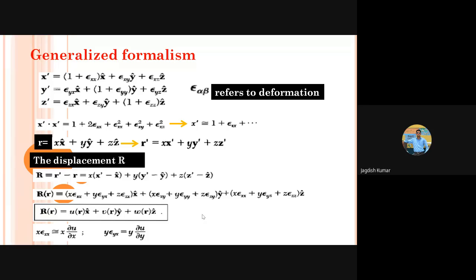You follow my wording. So R, capital R, bracket small r, is nothing but equal to R around origin, say R0, plus x into del u over del x, plus y into del u over del y plus z into del u over del z, plus x into del v over del x plus y into del v over del y plus z into del v over del z.